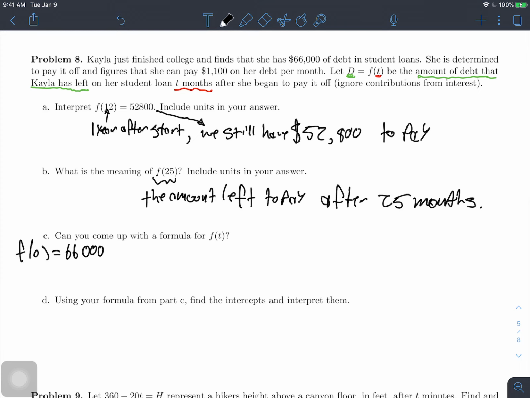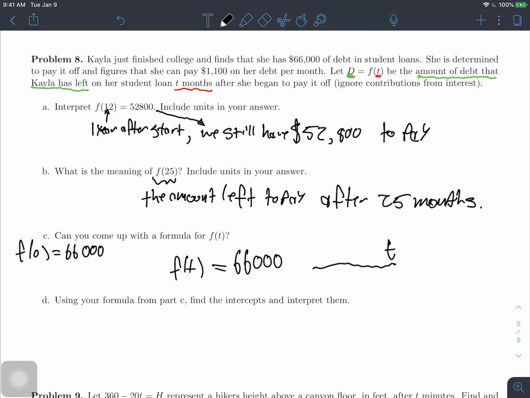So I want f of t to have an expression that's a constant, and I think that's going to be 66,000. And then I want some expression which has something to do with t. Since I have f of 0 equals 66,000, that's how I decided what this constant should be. Because when I plug in t equals 0, whatever I'm multiplying it by, we're just going to get 0 and the function is not going to change.